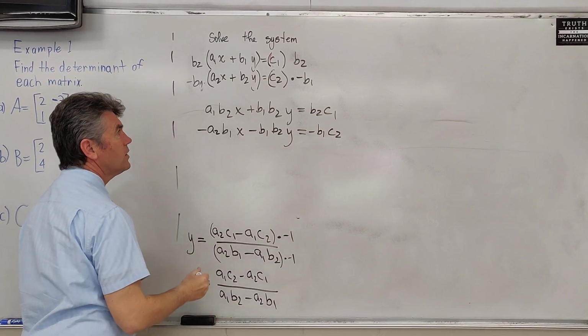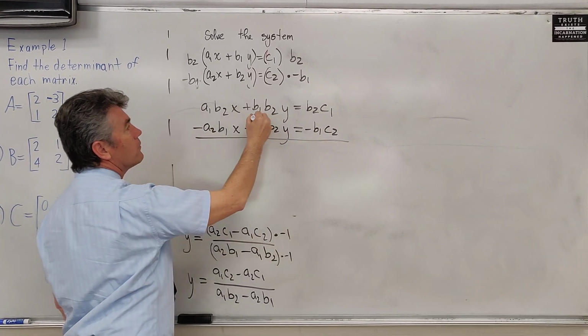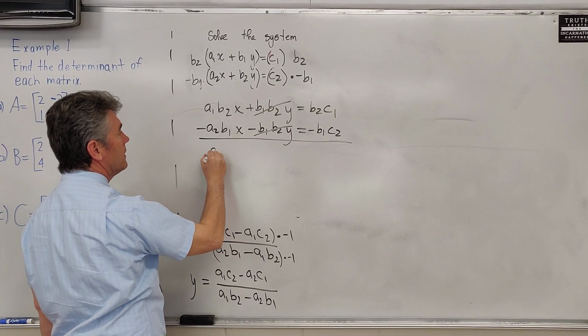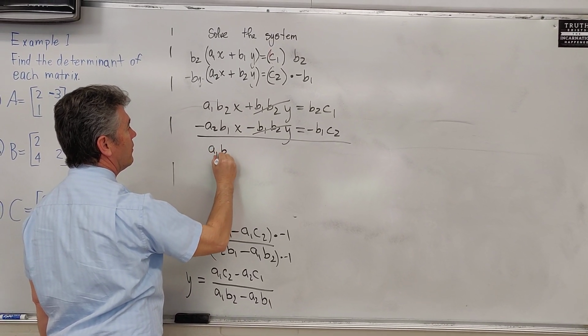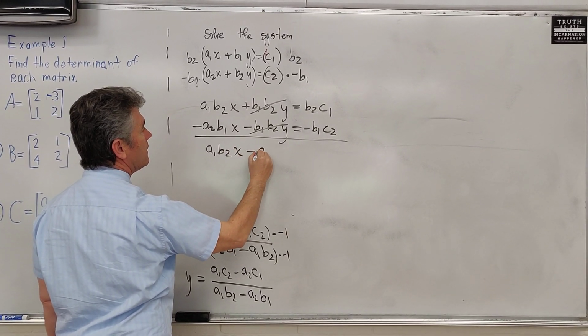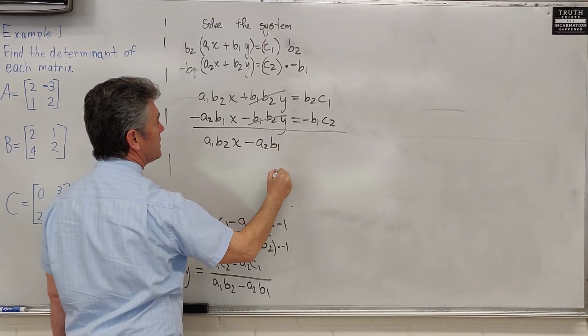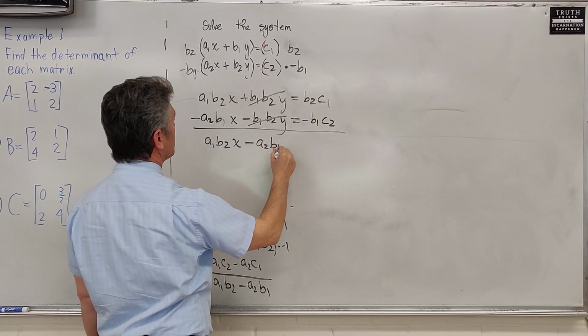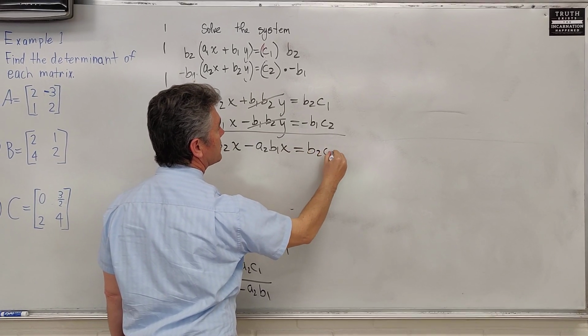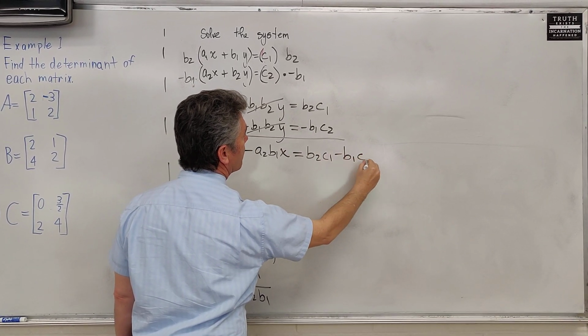Let us continue. And what do you notice? No more y's is what you notice. We have a sub 1 b sub 2 x minus a sub 2 b sub 1 x is equal to b sub 2 c sub 1 minus b sub 1 c sub 2.